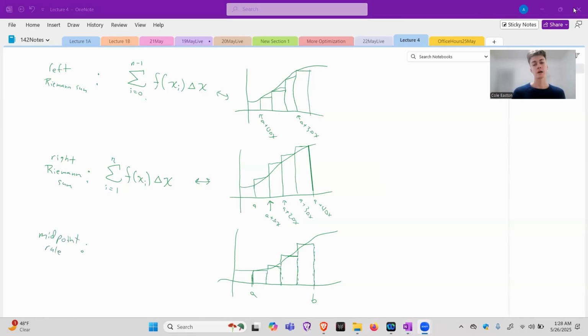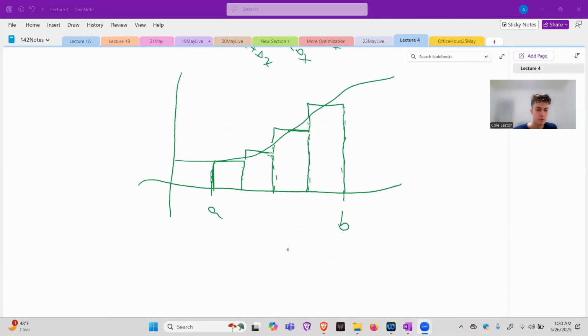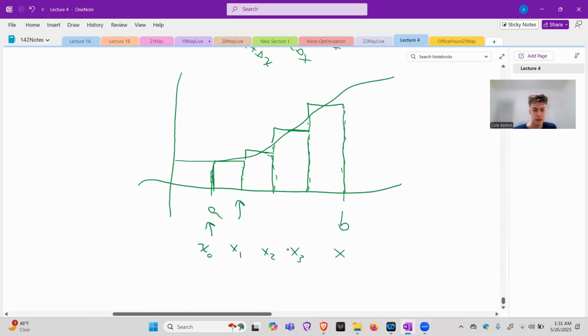And now we want to come up with a formula for this rule. Well, using our notation before, we called this x0, x1, x2, x3, and x4. But now the x value that we're plugging into our function is this point right in the middle of each of these.